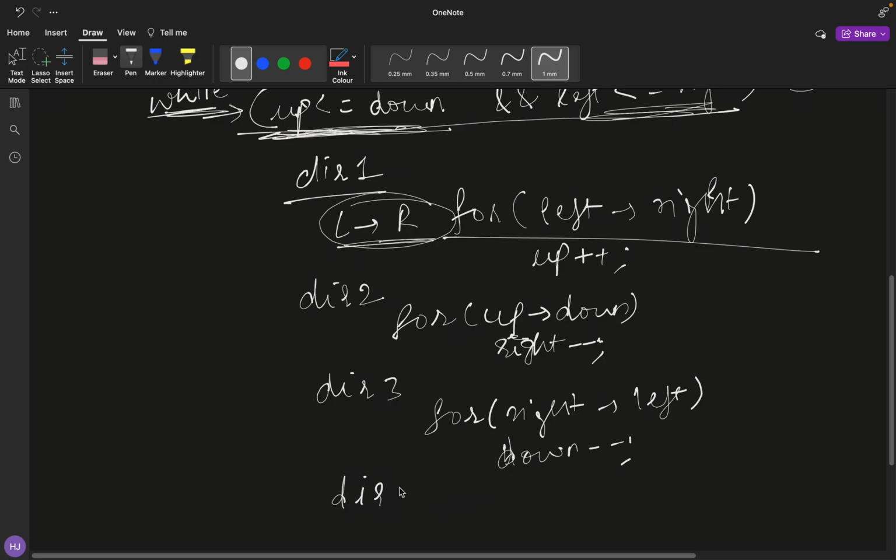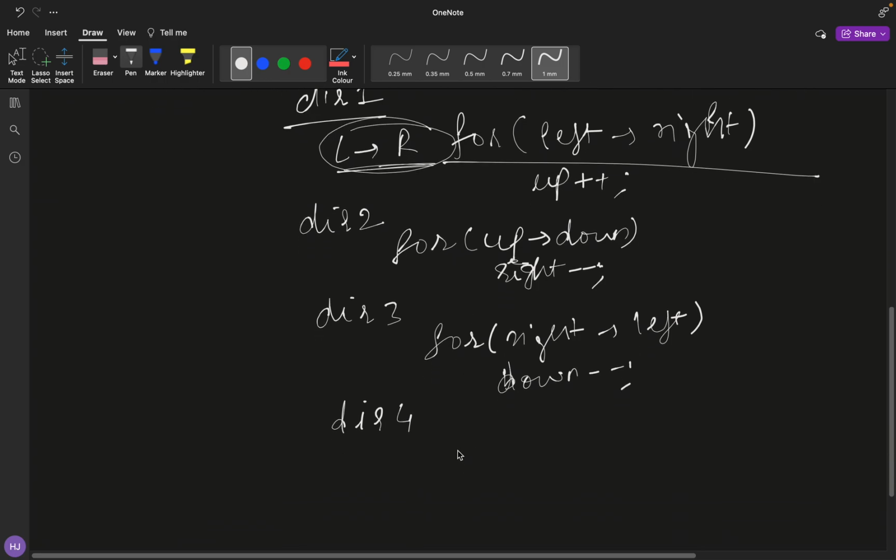And whenever I am in direction number 4, I will simply move from down to up. And after completing this whole traversal, I will simply increment my left, because I am covering the first element of the next traversal in my previous iteration only.